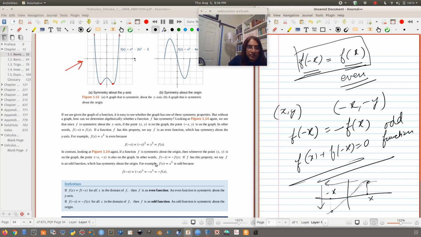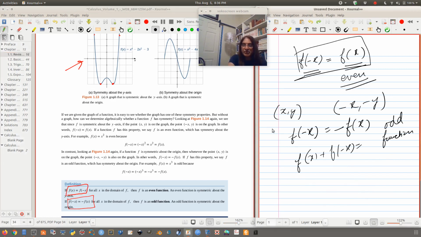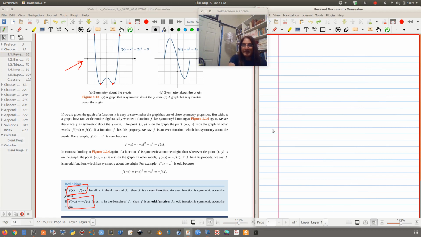So a function is even if f of x equals f of negative x, and it is odd if f of negative x equals negative f of x. As a very typical example of both kinds of functions, which you can easily remember, take the cosine function, it goes like this. So the cosine function, you can see, is an even function.